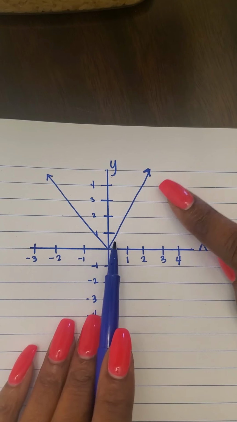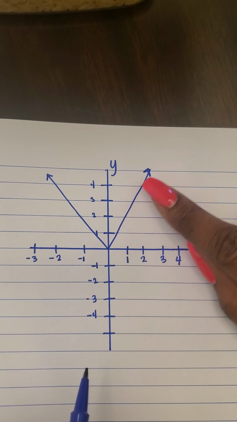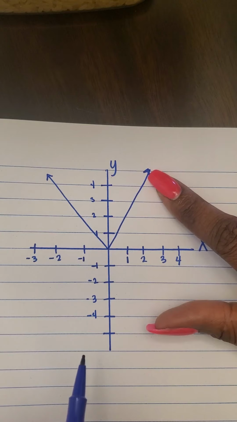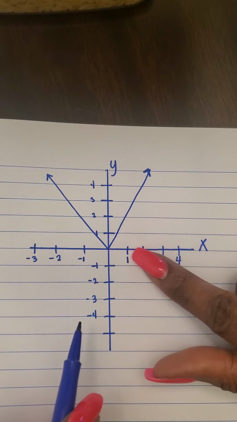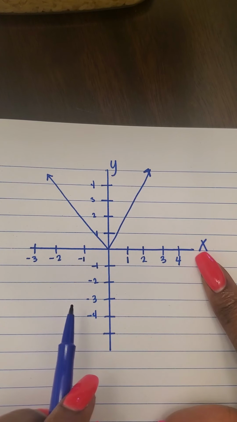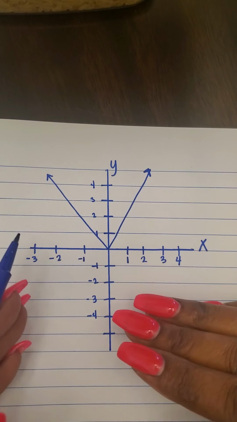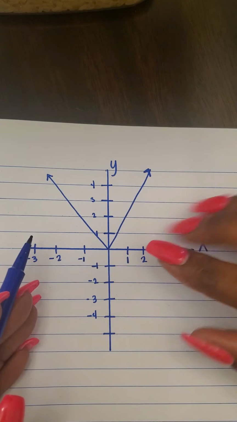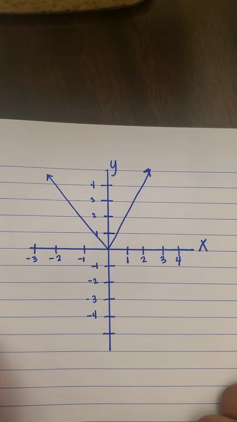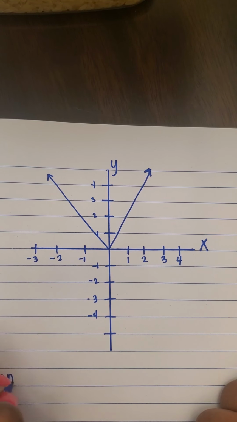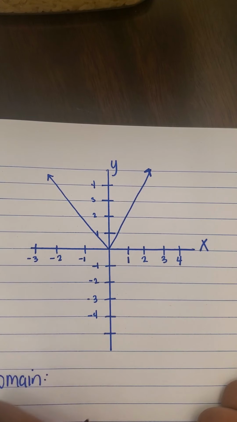And I look on the right-hand side. The right-hand side end behavior also has an arrow. So that means it includes all positive x values. So I need a way to say that I'm going to include all negative numbers, all positive numbers, 0 included. One way we can do this is just by writing out all real numbers.